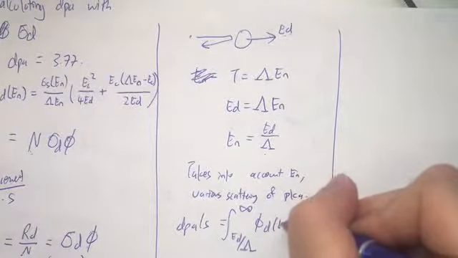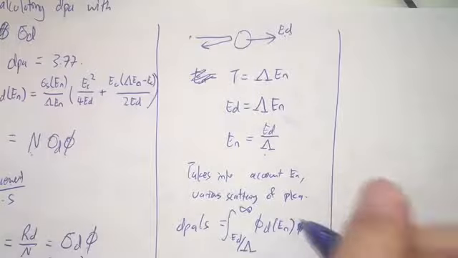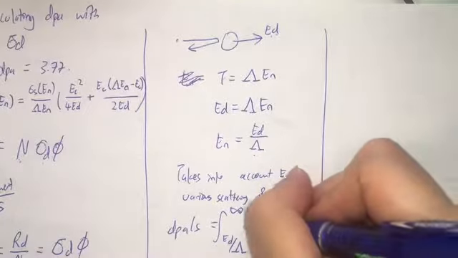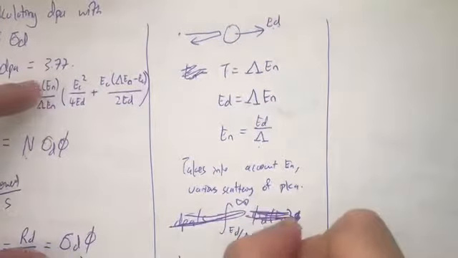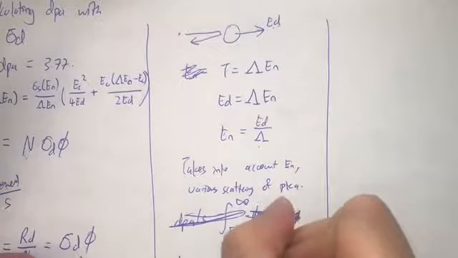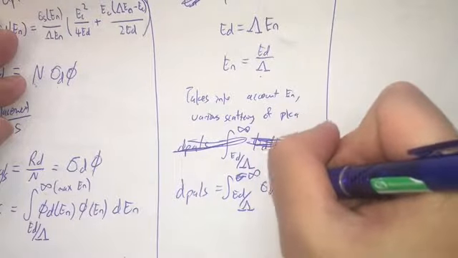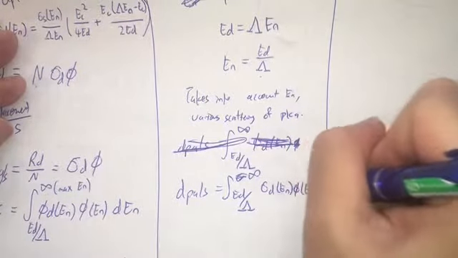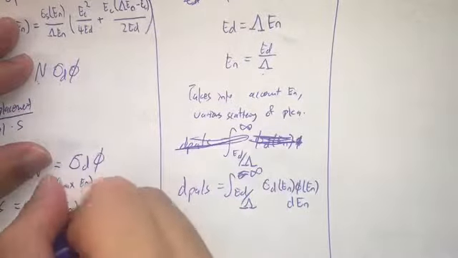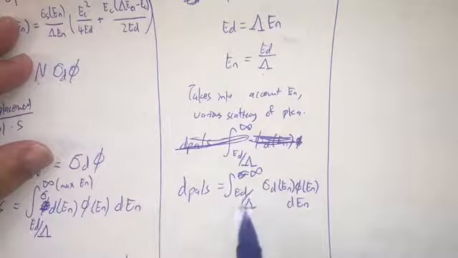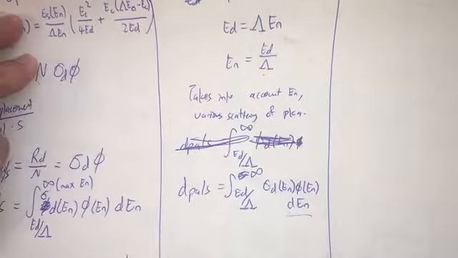Now this is the most accurate way, or one of the more accurate ways, of obtaining our DPA per second expression. ED over lambda to infinity, sigma d En phi En dEn. Okay, I think there's a mistake here. This should be sigma d En phi En dEn, from ED over lambda to infinity.